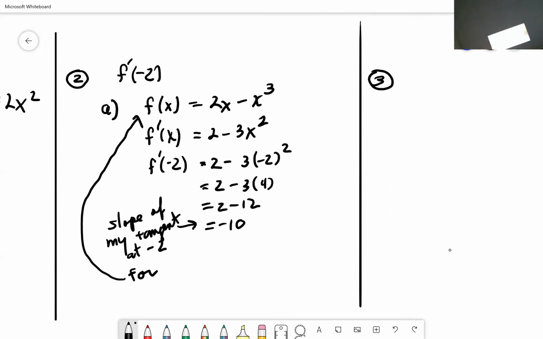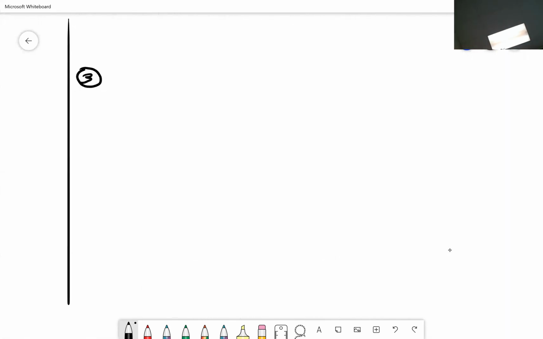All right, so number three says for each of the following functions f of x, find the value or values of x such that f prime of x is equal to the given number. I'll pick something that looks interesting, let's say 3D.